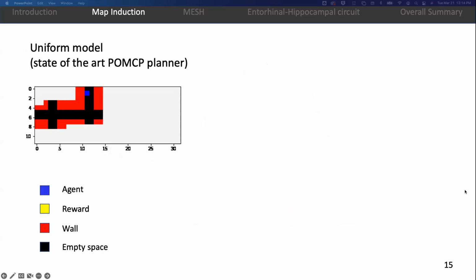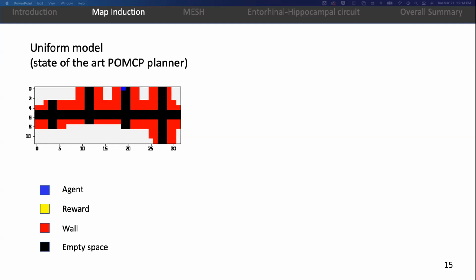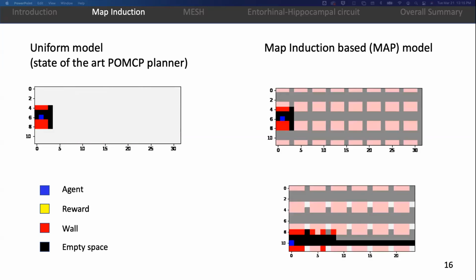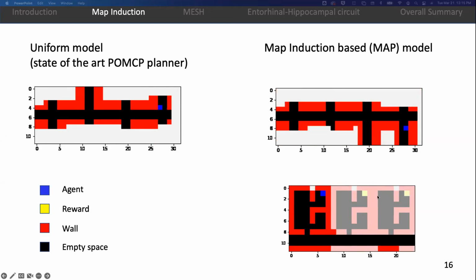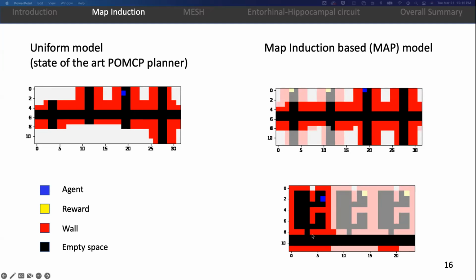So here I'm showing the uniform model. The uniform model doesn't have any spatial priors, and hence it explores the environment exhaustively. And you can see that it goes into every room in order to figure out where the reward might be. And next I'm showing you the map induction based models on the right. So the light red is basically the induced map, and the darker colors are showing the observed regions of the space.